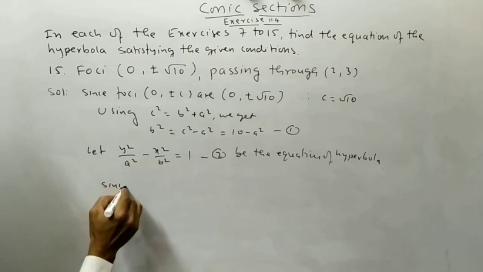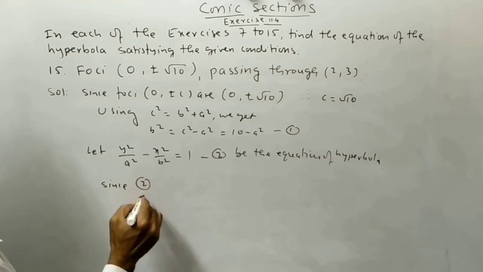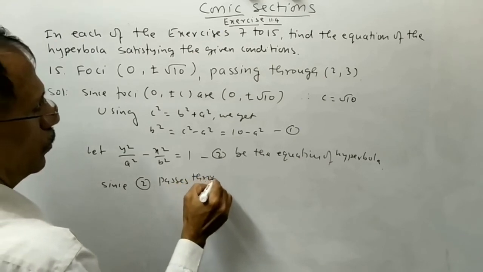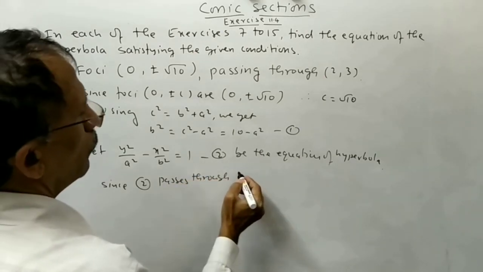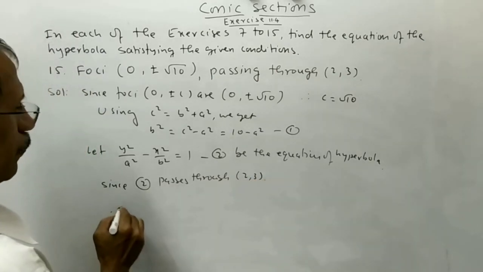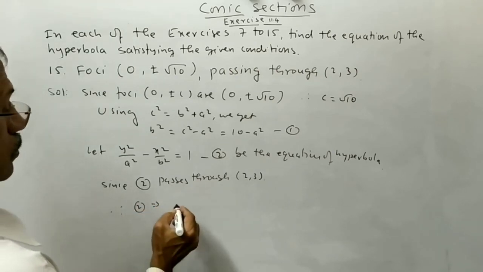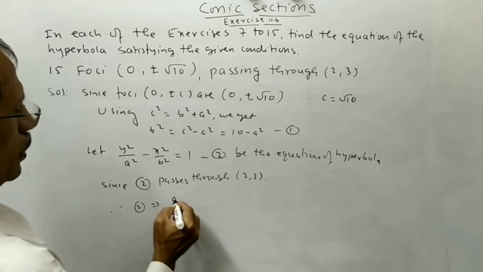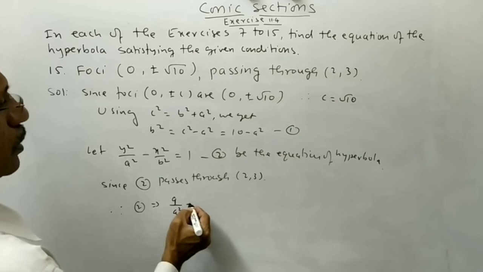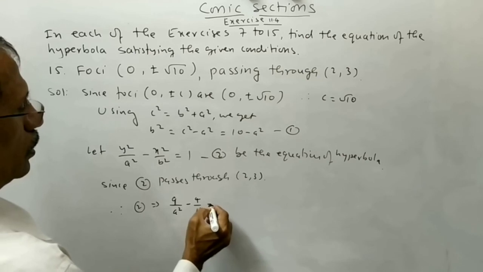Since equation 2 passes through the point with coordinates 2, 3, therefore 9 by a square minus 4 by b square is equal to 1.